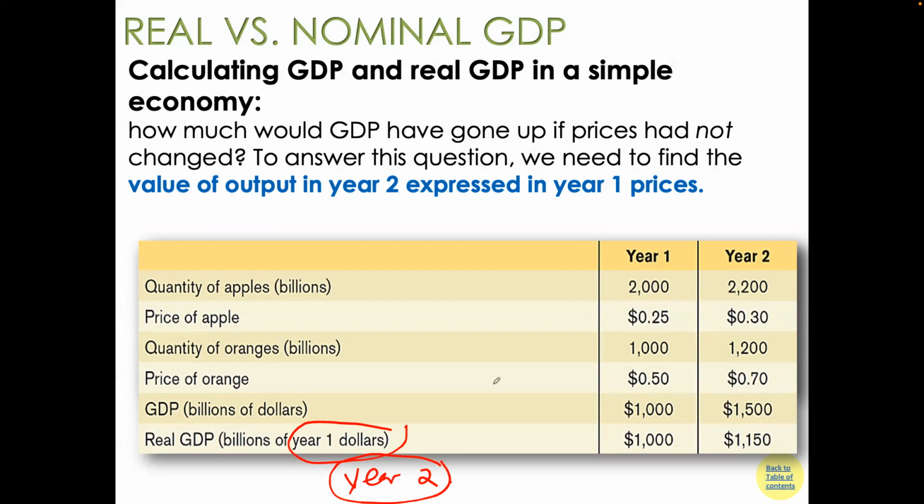So 1,500. Now my point is, if you use year 2 as a base year, this real GDP is going to be 1,500. So this is another number. Most likely the growth rate is going to be different. Then the question is, we have 2 growth rates.